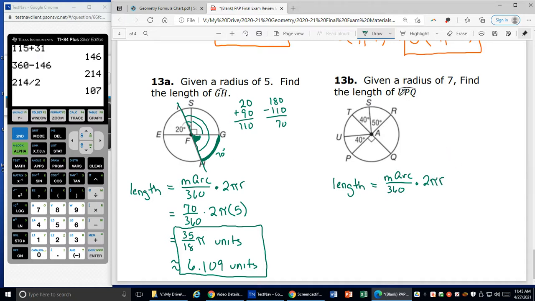The measure of the arc UPQ: I start at U, I end at Q, and I have to travel through P. So UPQ is here. I can see I'm rotating around 40 degrees, and then I continue another 90 degrees. So that total arc there is 130 degrees.